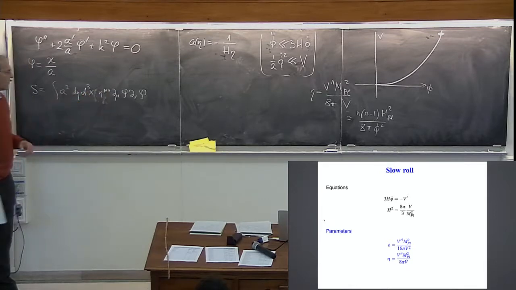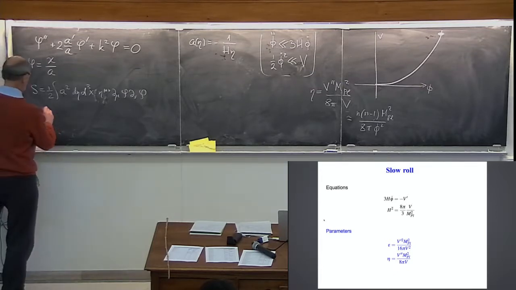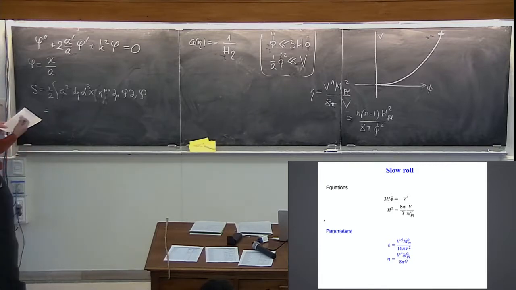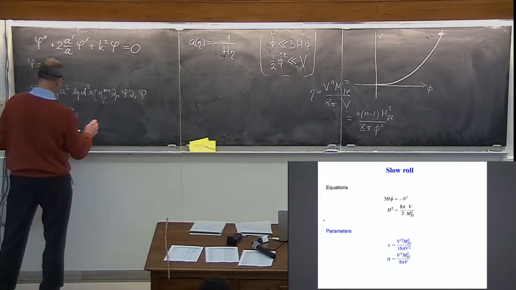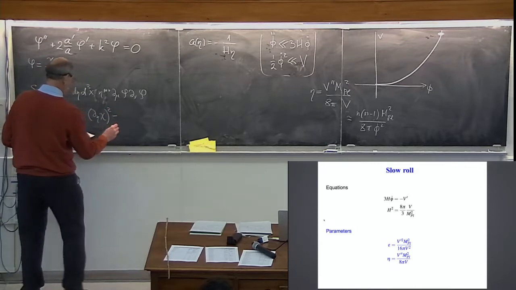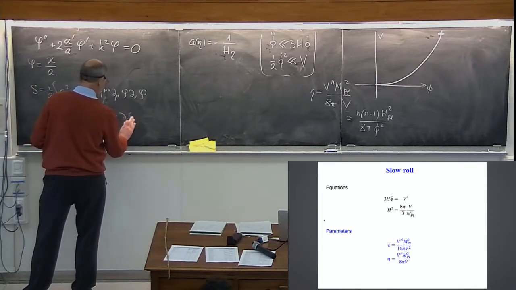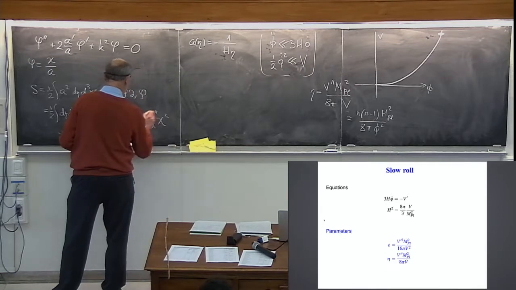And we have a canonical kinetic term, 1/2, for the chi field, right? So in terms of the chi field, if you do the integration by parts, you get the integral d eta 1/2 d^3x (chi prime) squared minus the spatial gradient of chi squared plus a prime prime over a chi squared.